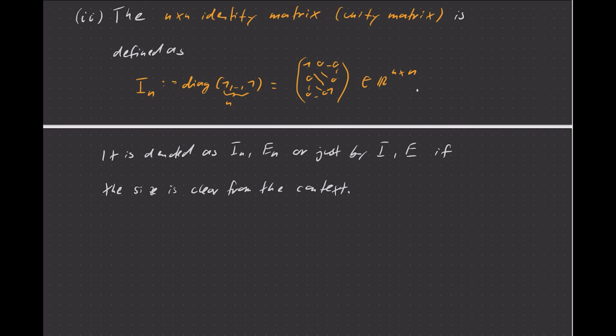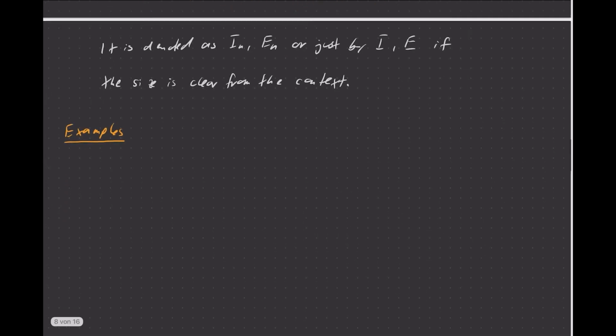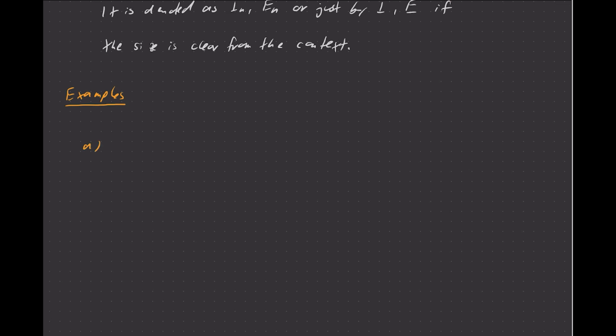Again, a few examples of diagonal matrices. Simple example for a diagonal matrix here, let's take diagonal matrix with entries 5, 0, 1. And notice that 0 is not forbidden here. 0 is explicitly allowed on the diagonal.